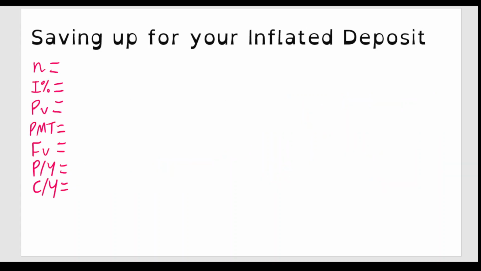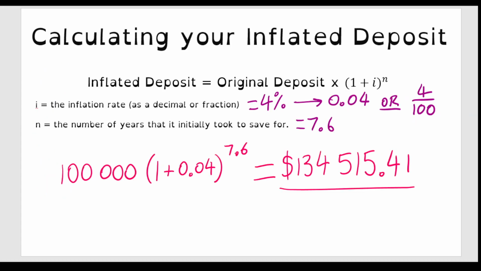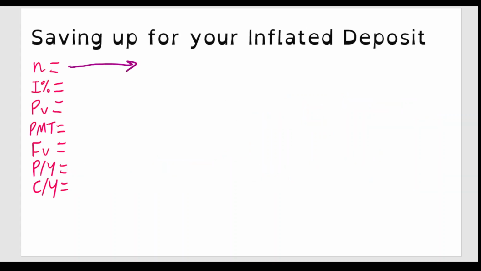So if we're saving up for this inflated deposit, everything is going to stay the exact same. We know that we don't know our N yet. The only thing that's going to be changing here is the amount that we're saving up for. So our FV is going to be $134,515.41.